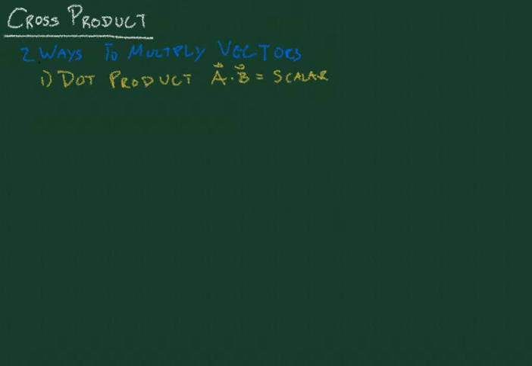So now the second way that we can do it is called the cross product. The cross product is also known as the vector product, and we'll see why in a second. So if we have some vector A, and now we have some other vector, actually let's change these up slightly. This will be our vector A, and I'll explain why in a minute.